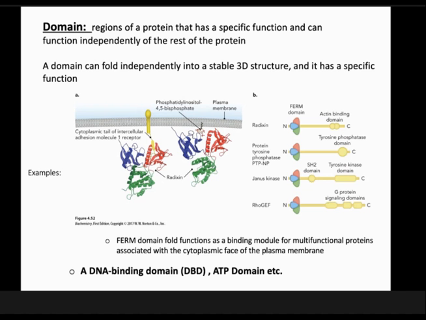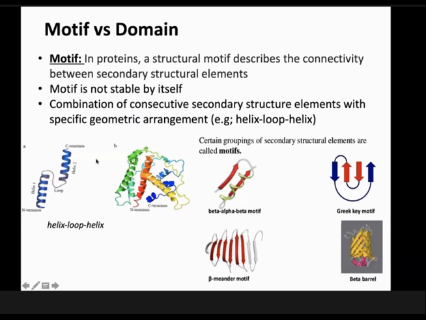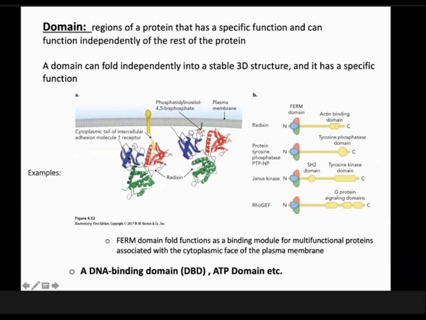The motif is just how the secondary structure elements are together, and the domain is the region of that specific protein that has a function. That's why it is said that it can fold independently into a stable 3D structure. Okay, thank you.